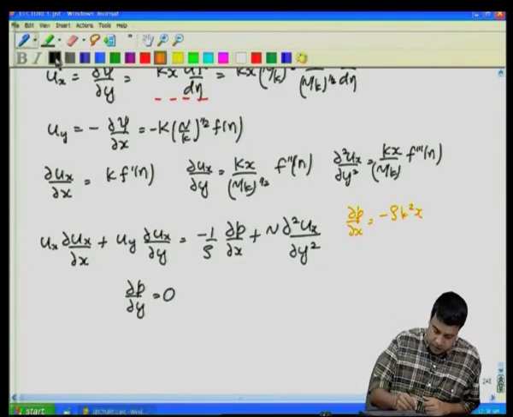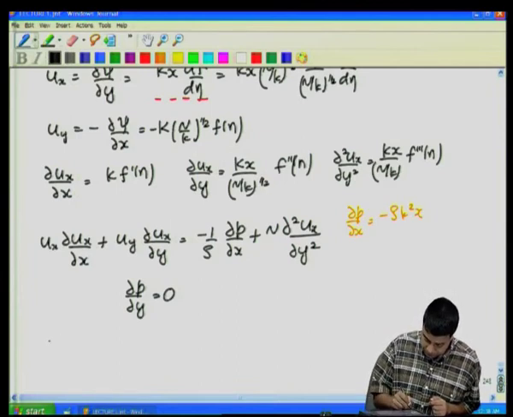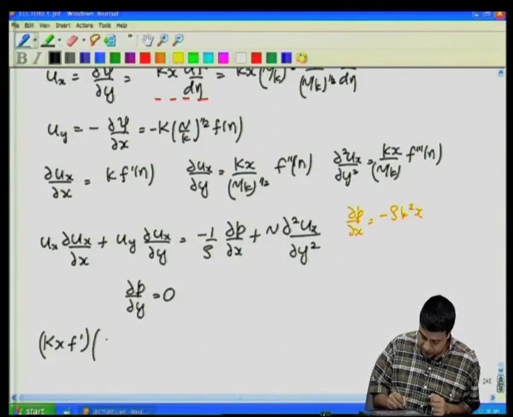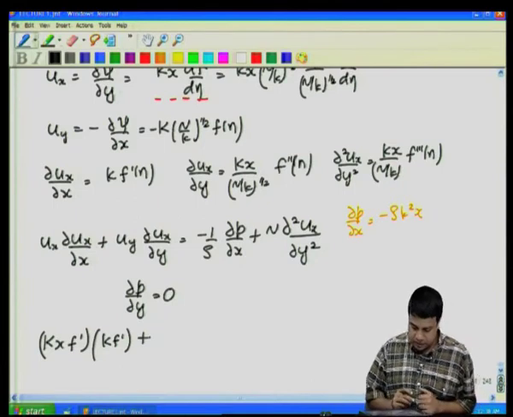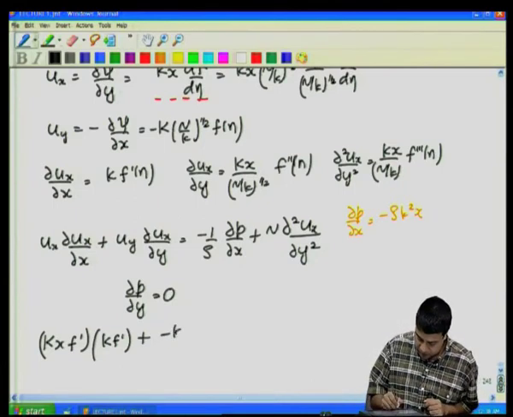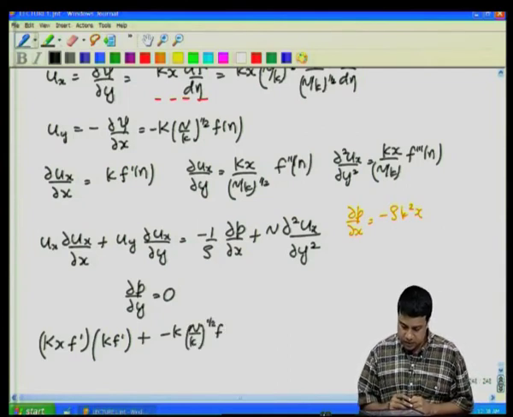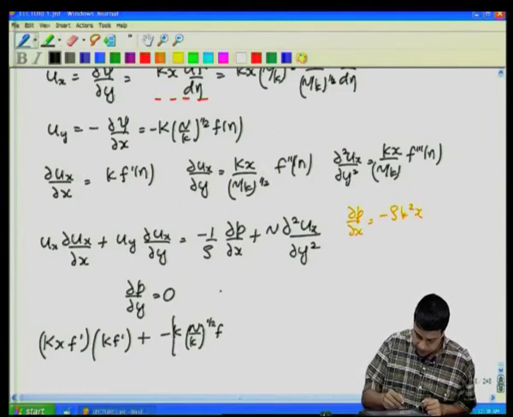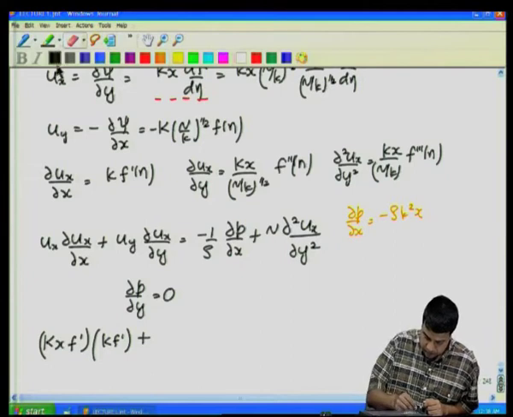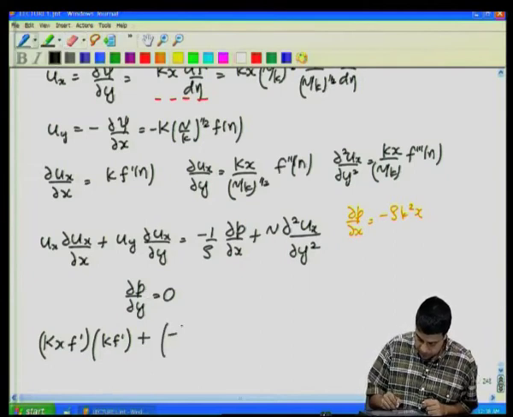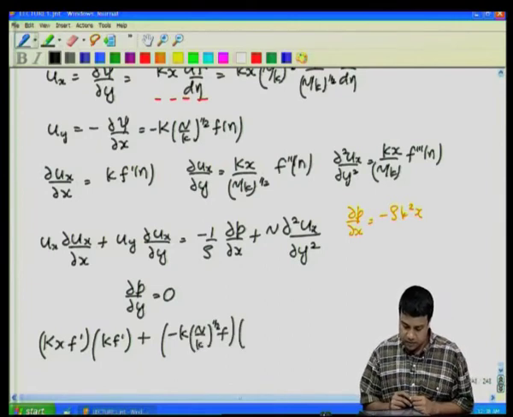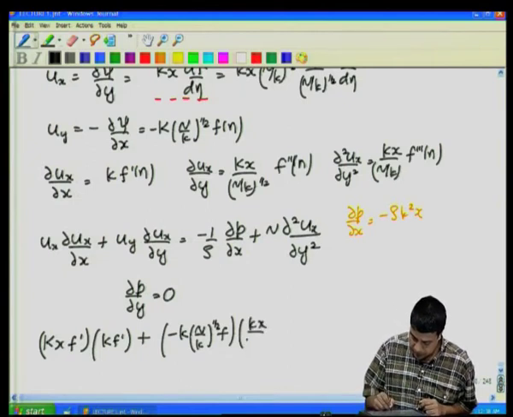So, let us put that in. ux is given by k x times f prime, partial ux by partial x is k f prime, plus uy is given by minus k nu by k power half f, and partial ux by partial y is given by k x times k by nu to the power half f double prime.